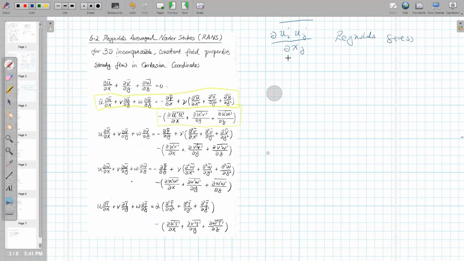Why do we call it stress? Because it is on the right hand side, and it actually behaves similarly to the viscous stress. These are the viscous terms, right?